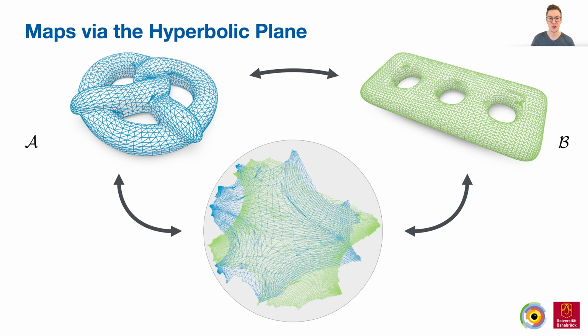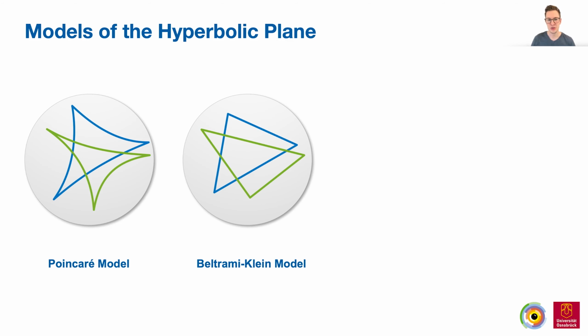If we only store the coordinates for a single tile per mesh, like you see here, then of course we need to take care of transition functions across the cuts. But again, the exact choice of these cuts doesn't matter. We could also do the same thing using the Beltrami-Klein model, for example. This is very similar, but it maps geodesics to straight lines instead of circular arcs.